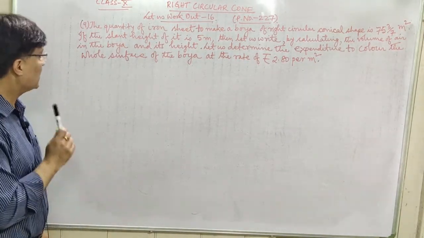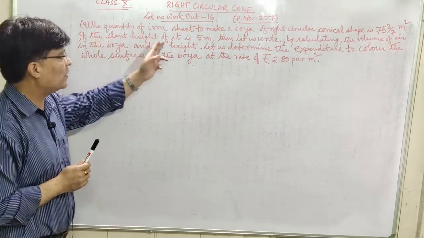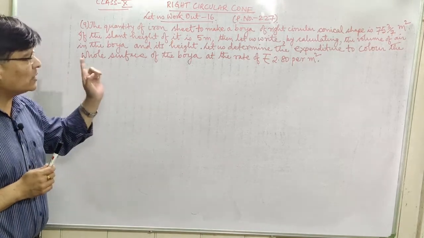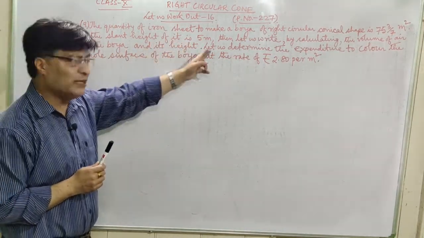Okay. Next, if the slant height of it is 5 meter, so what is the slant height of this right circular conical shape? Its slant height is 5 meter.